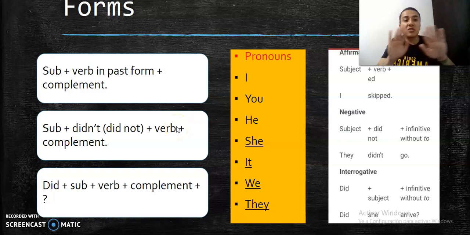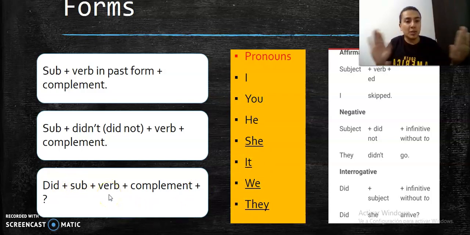The verb is just the same. It doesn't go with the irregular form. It's just the normal verb. And the complement. And for questions, it is with the auxiliary did plus the subject, which is right here, the pronouns, plus the verb, again, normal. No regular, no irregular verbs, plus the complement. And at the end, the question mark. Don't forget it.